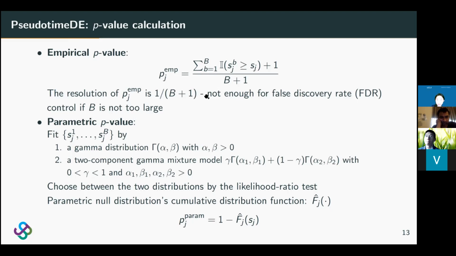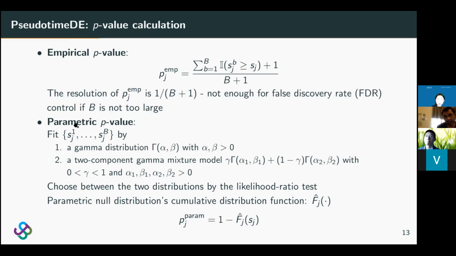And that's not actually enough for FDR control, because if you have too many genes, and you want to control the FDR at say 1% or 5%, the cutoff on the p-value may be very small. And there you may not have anything below that cutoff. So basically the cutoff may be bigger than 0, but less than 1 over B plus 1. That makes the low resolution of this empirical p-value an issue for controlling FDR.